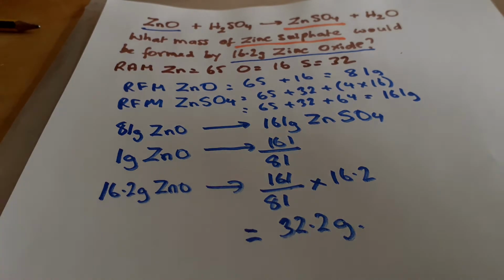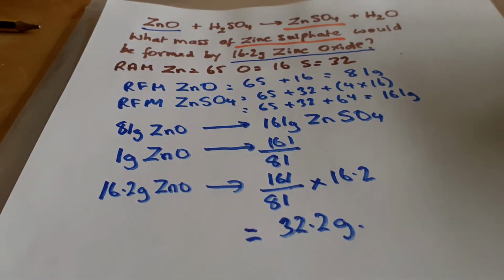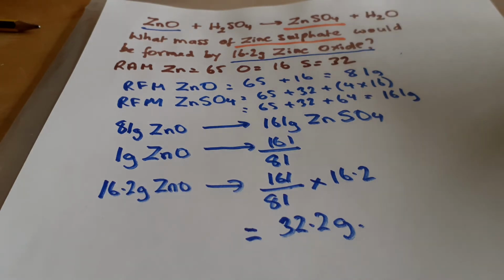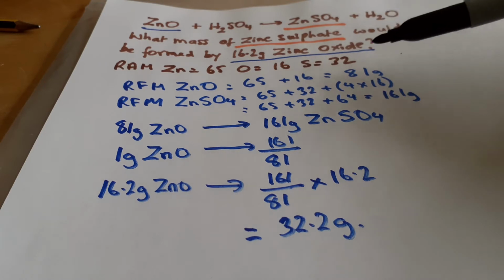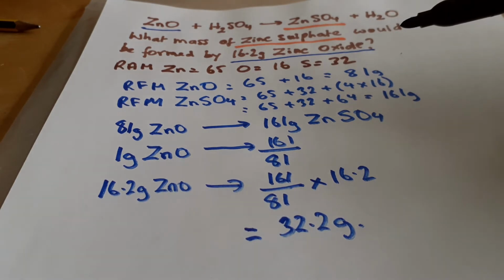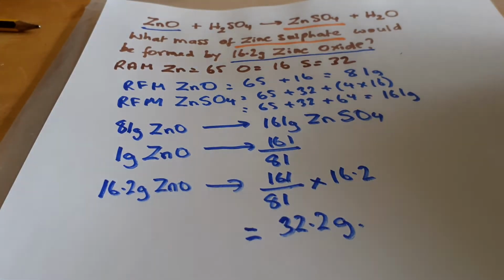So again, let me remind you, from the question, identify the reactant, that's what's giving you the mass here. It's 16.2 grams of zinc oxide. And the product, we've got to find zinc sulfate. Work out the relative formula mass of each and go to the equation to get the ratio of the reactant to product.